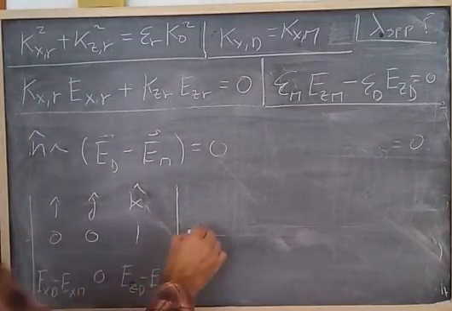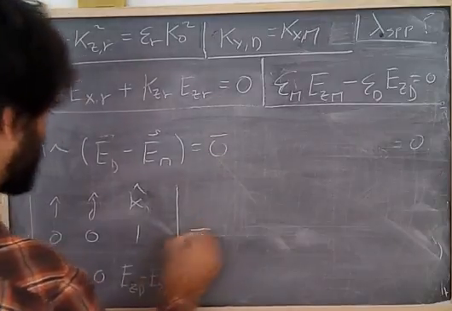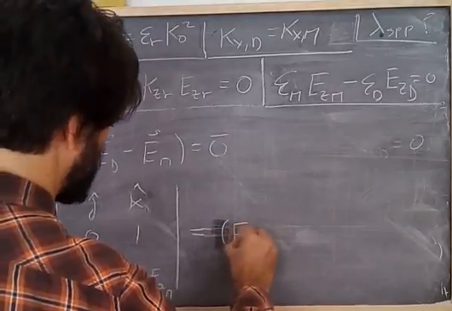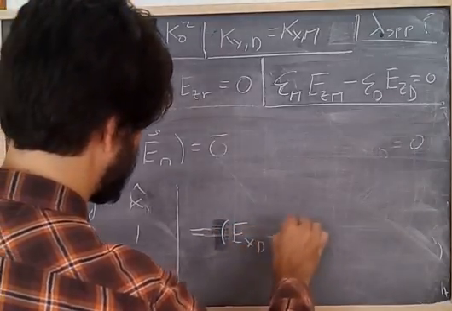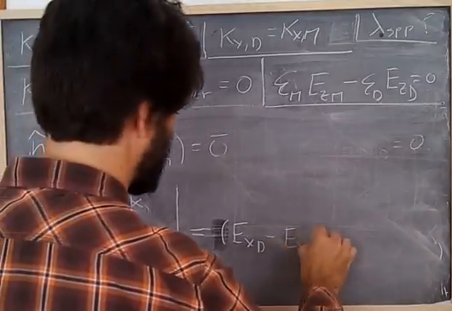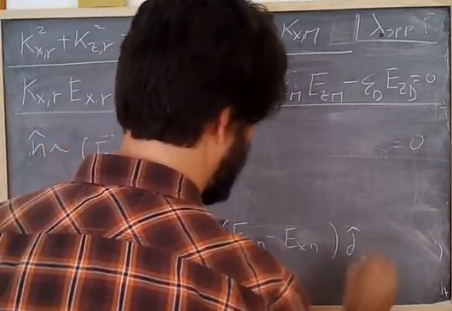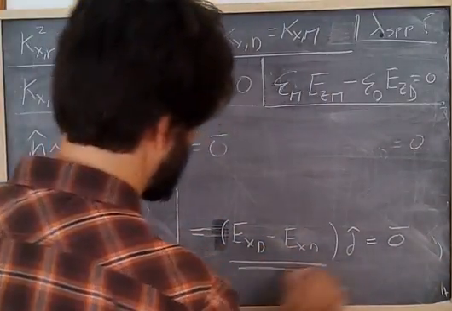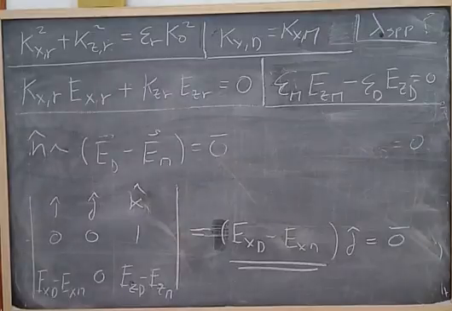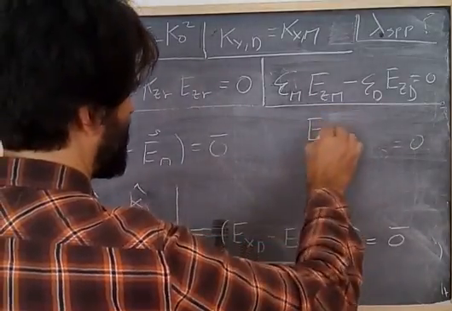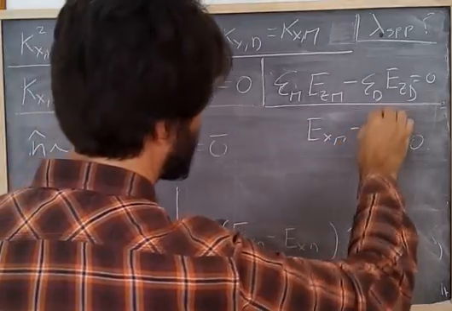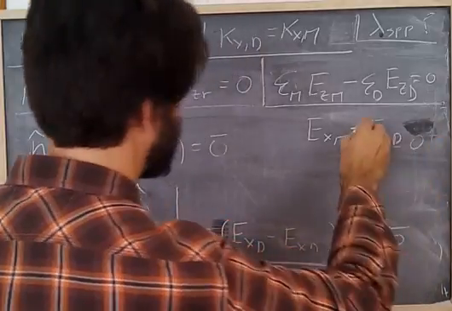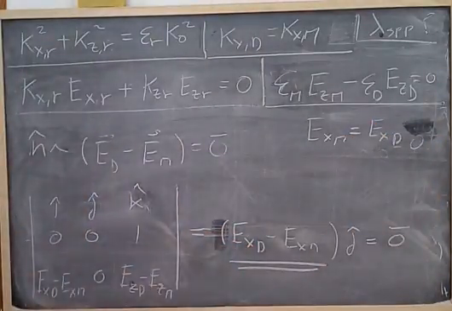This is the zero vector, because this difference must be 0. So Ex m minus Ex d, they must be equal.